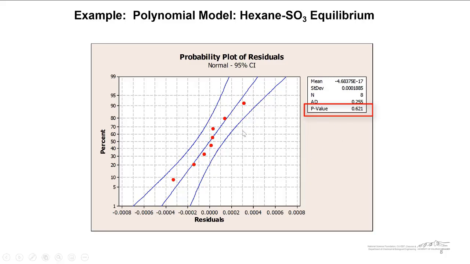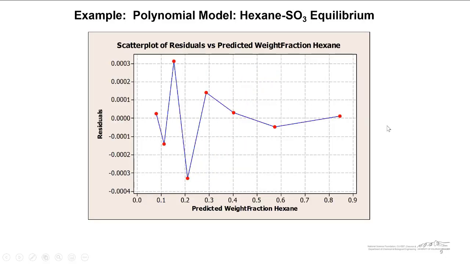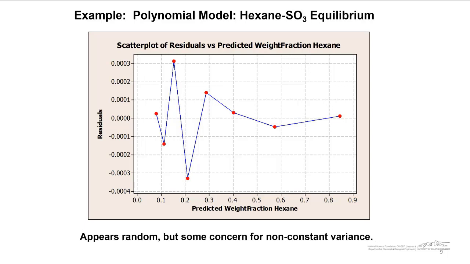It's about 0.621, meaning that the residuals are normally distributed. We can also look at the residuals as a function of predicted weight fraction. This does look okay. There is some concern about non-constant variance. It looks like the variance increases and then gets smaller, but we've got such a limited number of samples here, it's really hard to determine if that's the case.